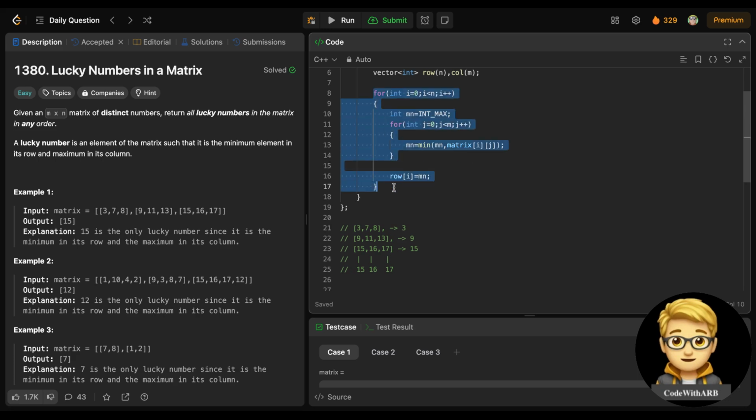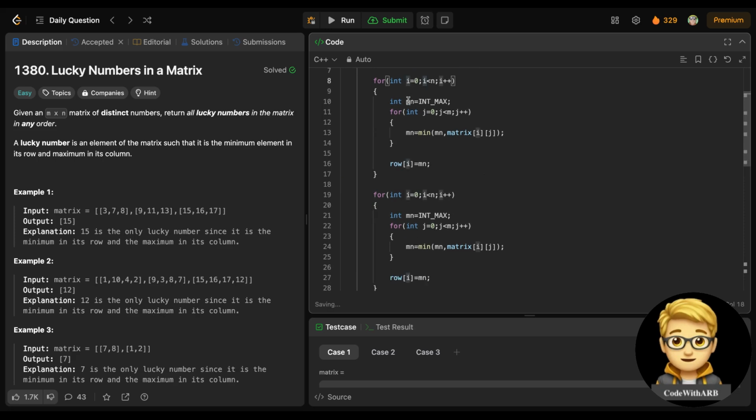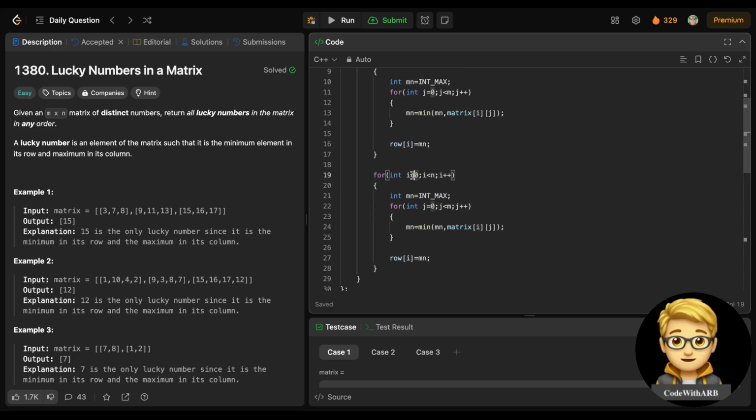For each row, I will store the minimum element by iterating in the particular row, right? Same goes for the max elements. Same goes for the columns, right? We will store the column, so we will just change this, j from 0, j less than m, j plus plus. This should store the maximum elements, so we will store the maximum, and i from 0, i less than n.